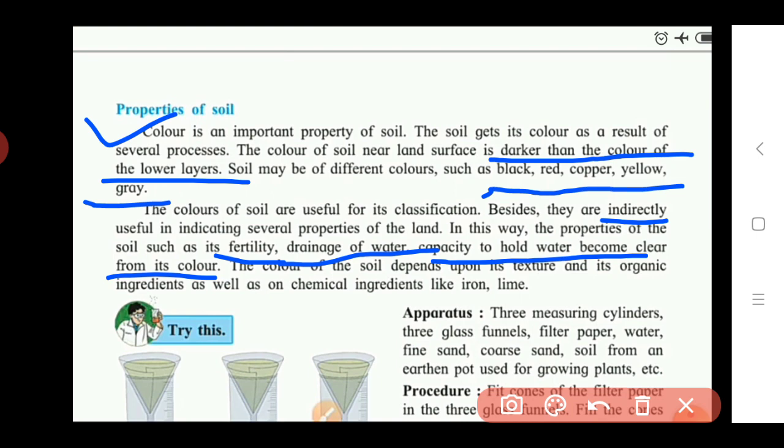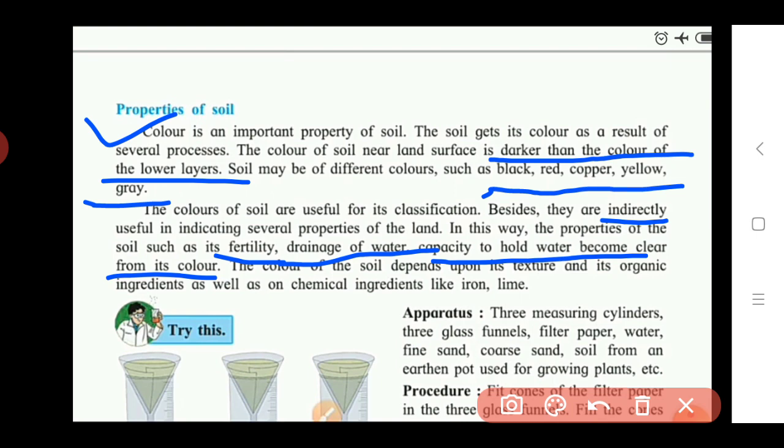Fertility means whether we can do farming on such soil or not, that it yields very good quality crops, that it has the ability to grow all types of plants or crops. Second is drainage of water, whether water can easily drain through the soil particles.